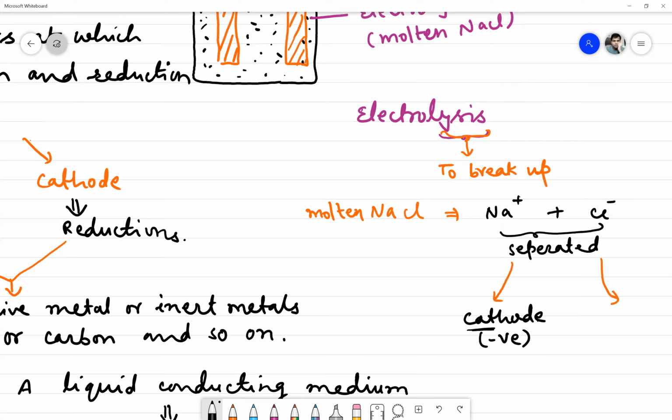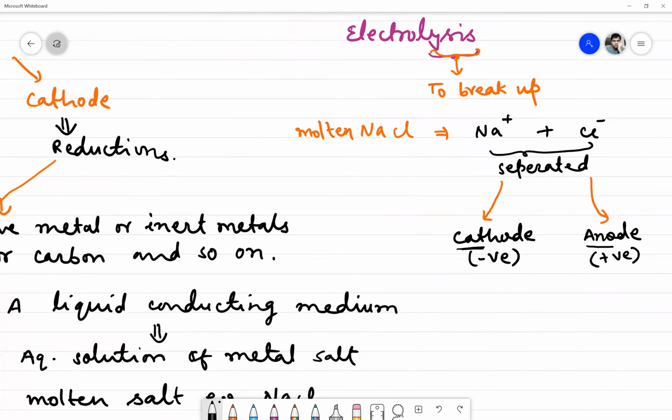On the other hand, chloride anions are attracted towards the positive electrode, the anode. That's why it is called anode, because it attracts anions, and it is positive in this case. So both opposite charge ions migrate towards the opposite electrodes, and there they get discharged, undergoing oxidation and reduction reactions. That's how this electrolysis reaction takes place.